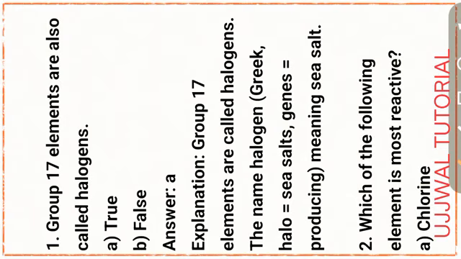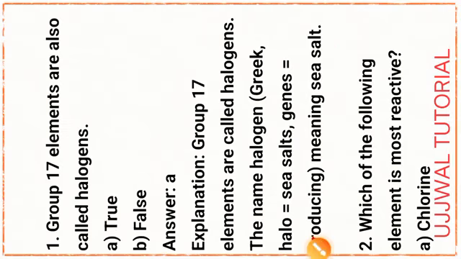Explanation: group 17 elements are called halogens. The name halogen is from the Greek language, where halo means sea salt and gens means producing, that is, sea salt producing.